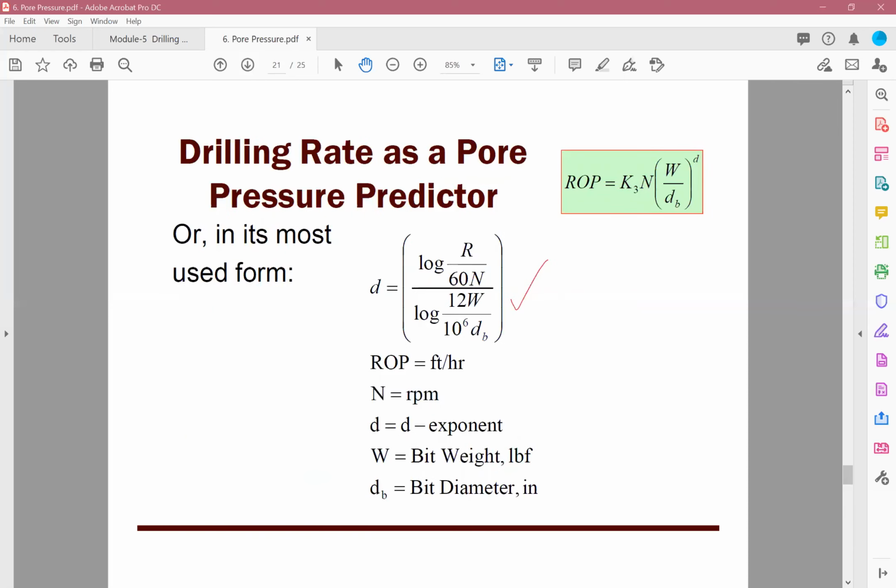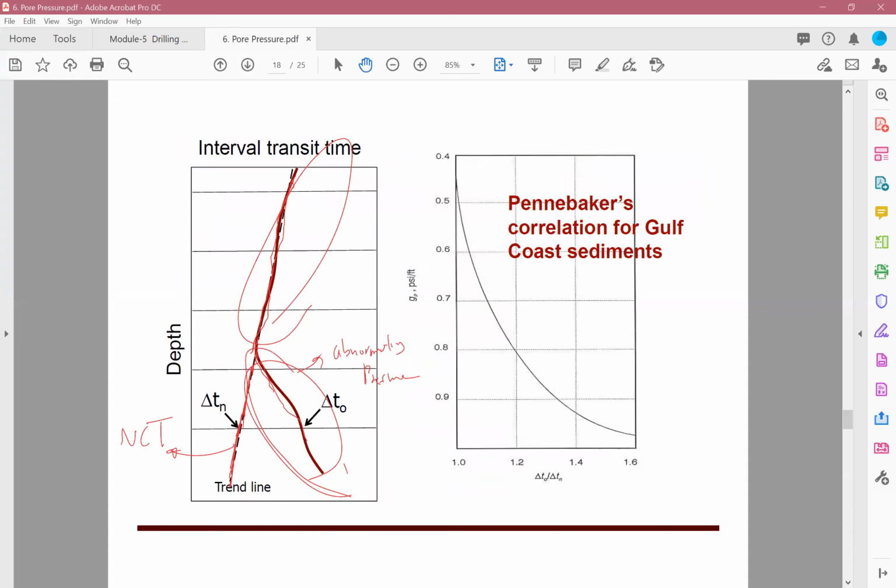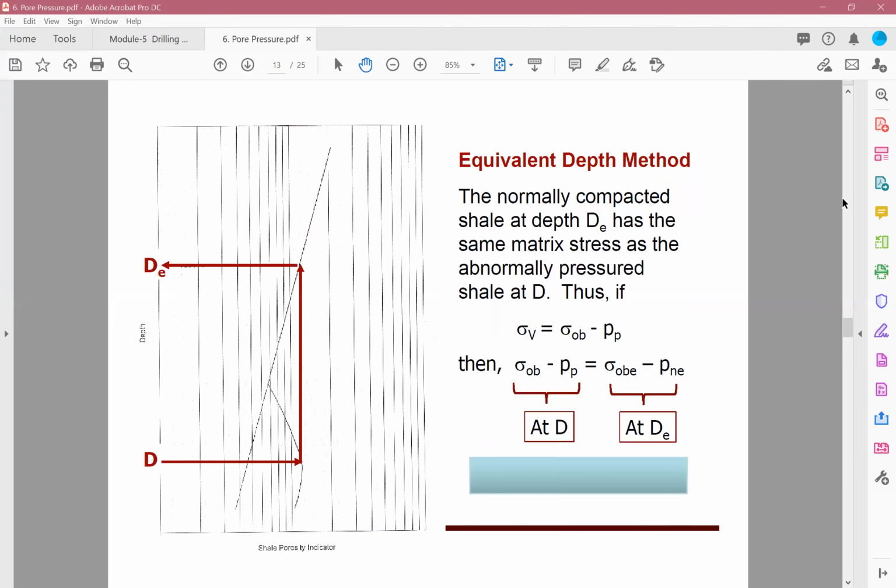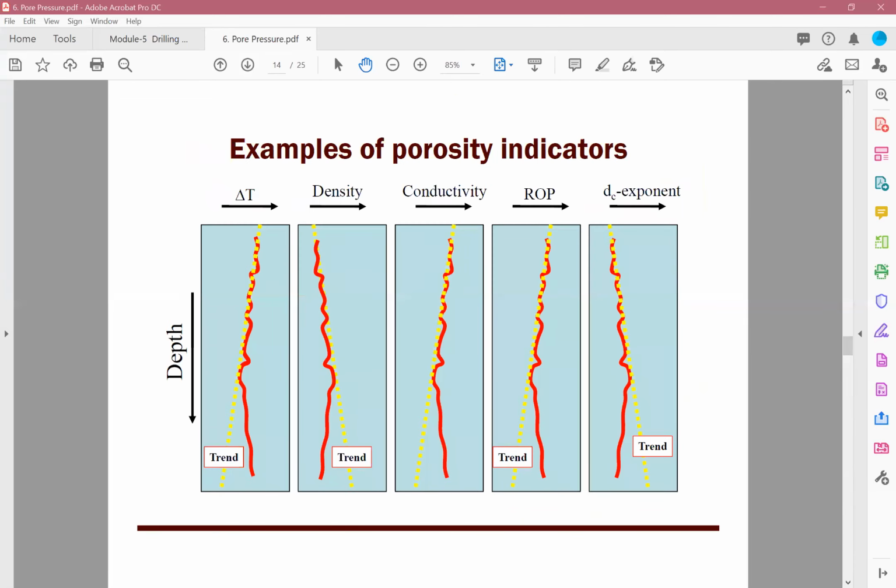In normal drilling, your D exponent changes linearly in a normally pressured formation, and in an abnormally pressured formation it will have a different trend. If you go back a couple of slides, you see the exponent here.